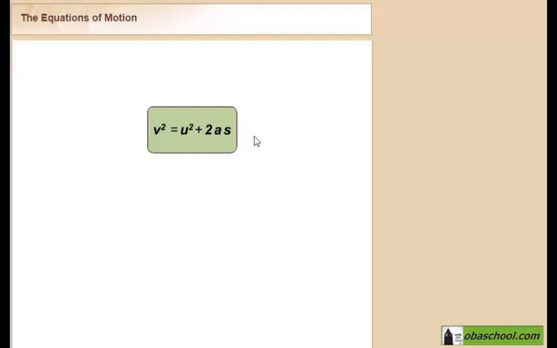By using this equation, we can find the final velocity, v, or we can rearrange it to find the initial velocity if the question is asking about u.